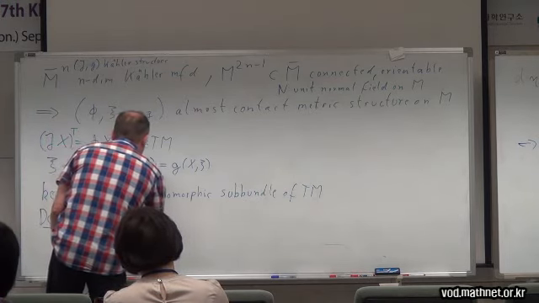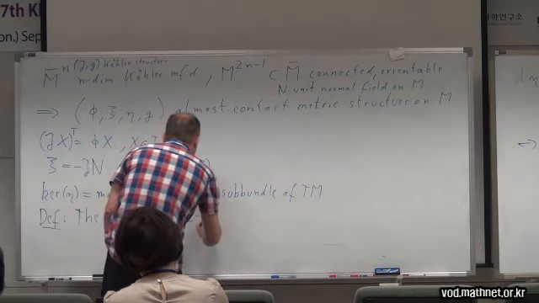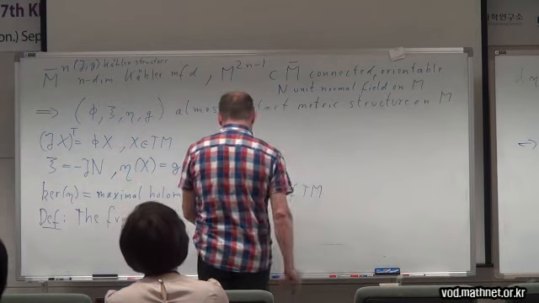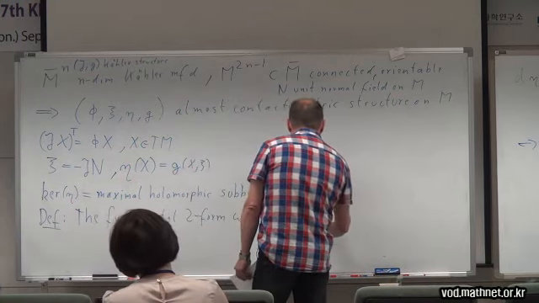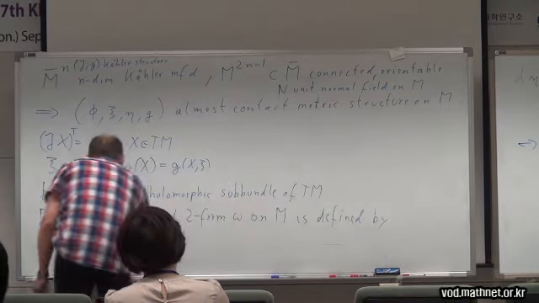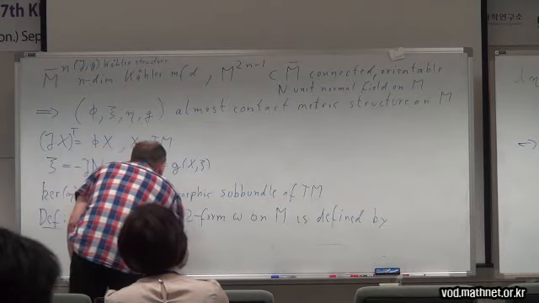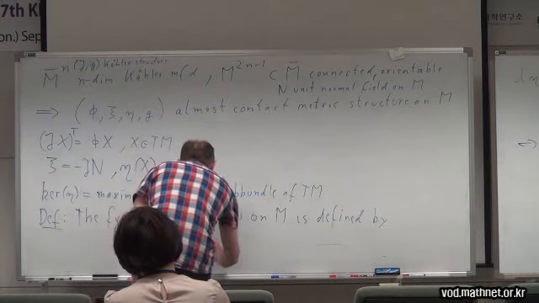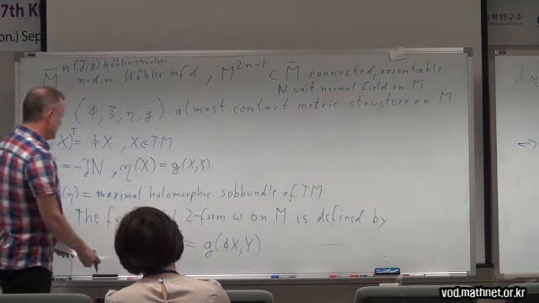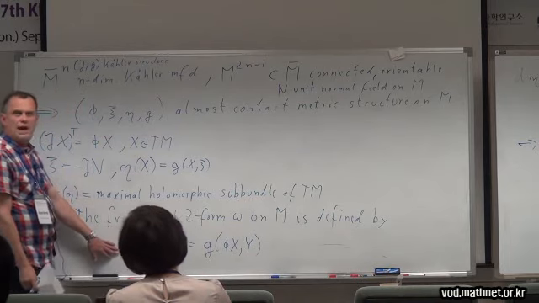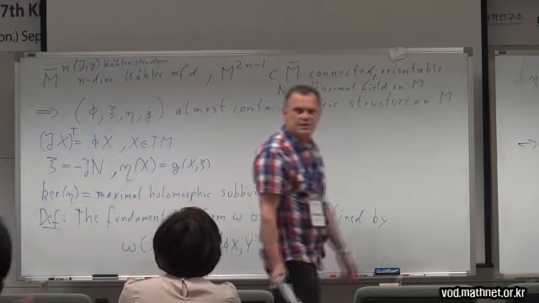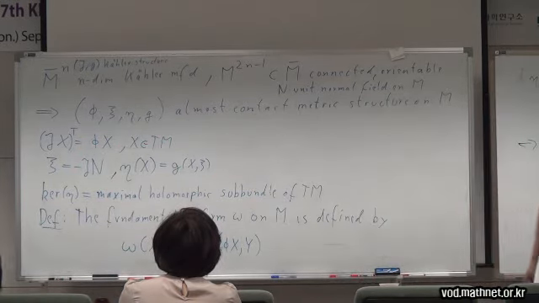The fundamental 2-form omega on M is defined by omega(X, Y) = g(phi X, Y). So it's basically defined like the Kaehler form on M bar, but we just restrict to the tangent bundle, and instead of the Kaehler structure we use the induced tensor field phi.